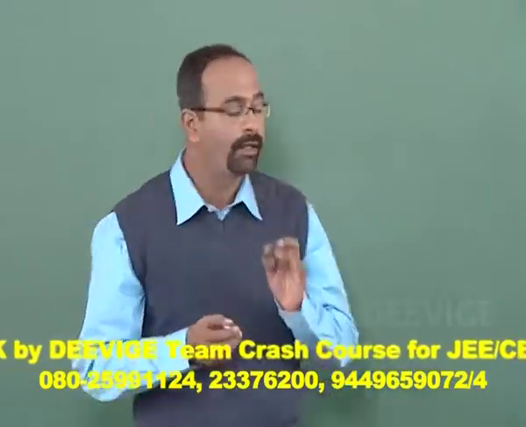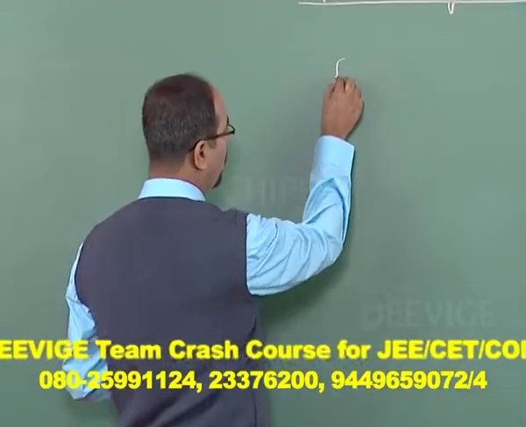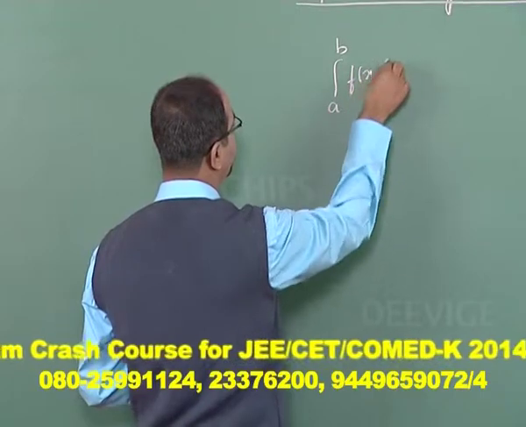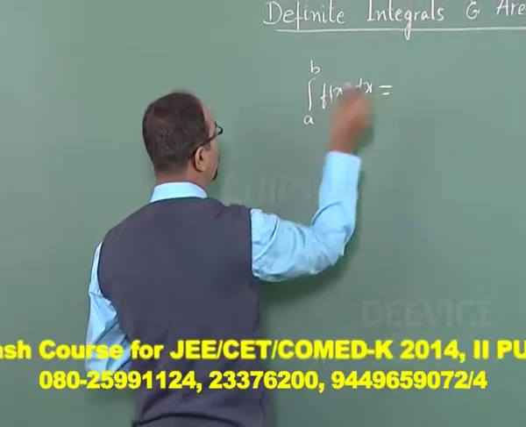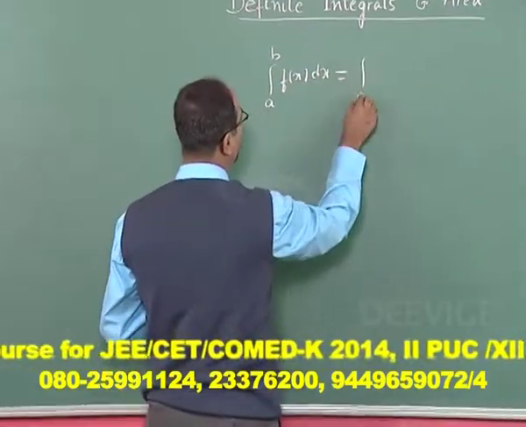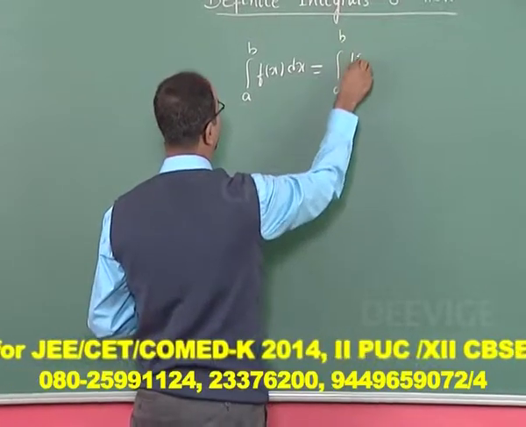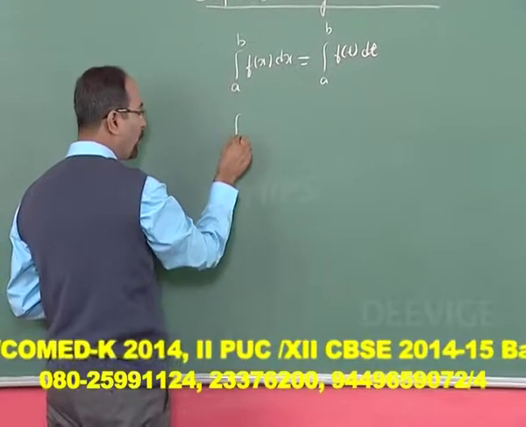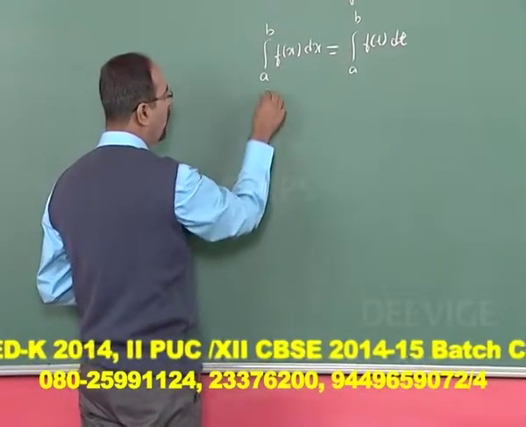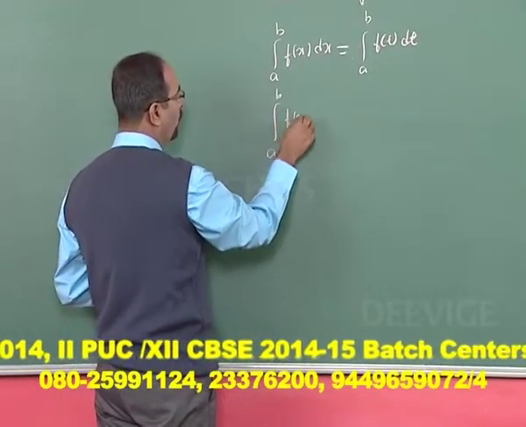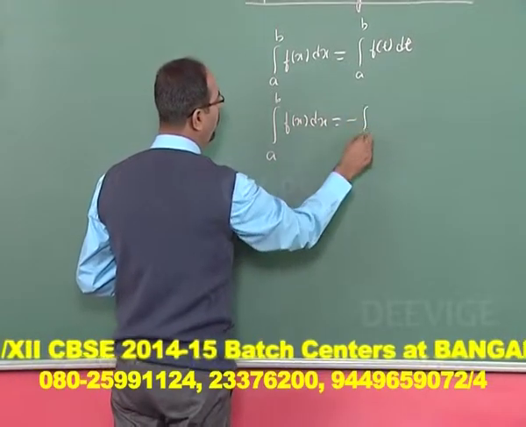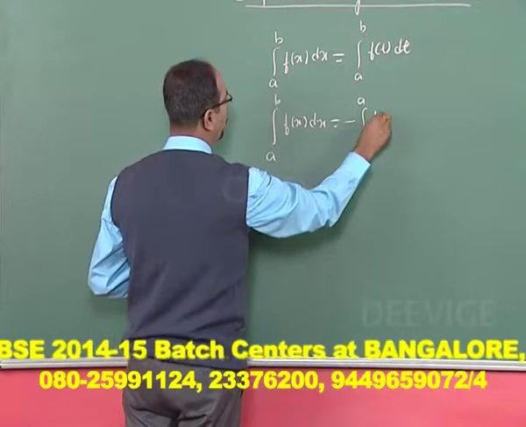I repeat, the first property is that the integral from a to b of f of x dx is equal to the integral from a to b of f of t dt. Then what is the second property? That is, the integral from a to b of f of x dx is equal to minus the integral from b to a of f of x dx.